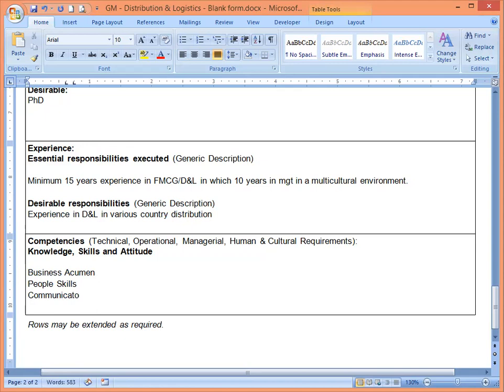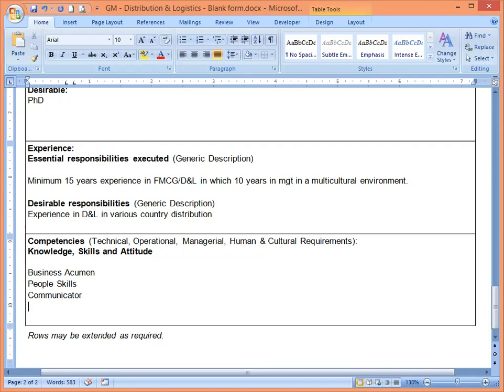What else? Influencing. He is an influencer. A GM should be an influencer. He should not be timid or a shy person. Otherwise, you'll not be able to have these competencies. And we add also negotiation skills.